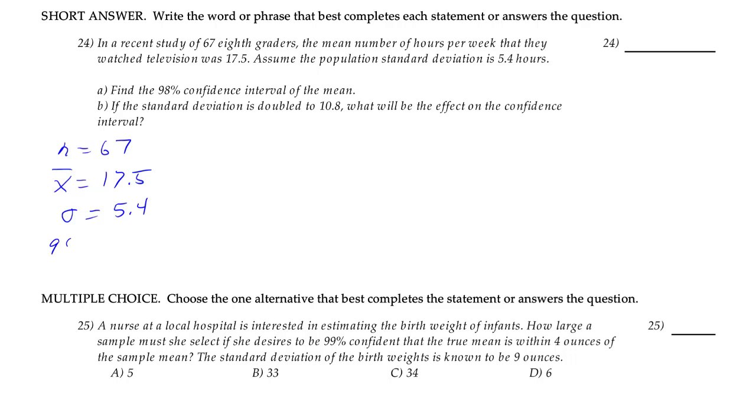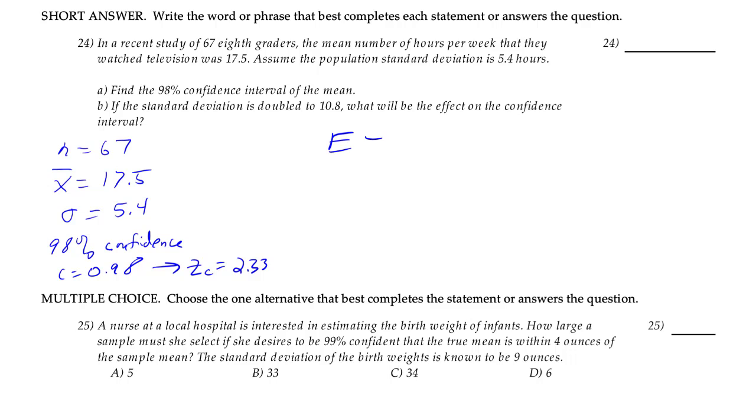And they want 98% confidence. So that's a c of 0.98. And if we look that up, we'll get a critical Z value of 2.33.